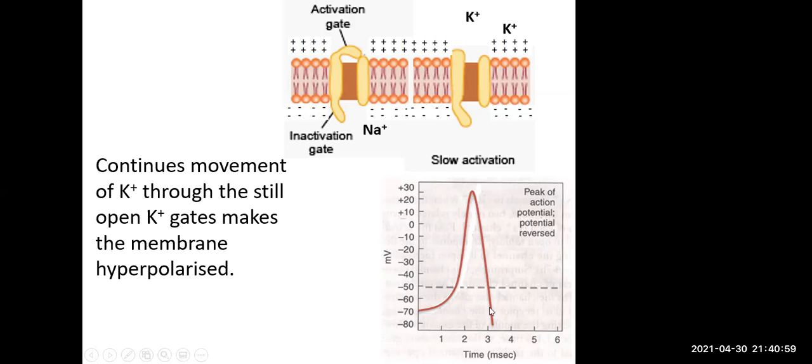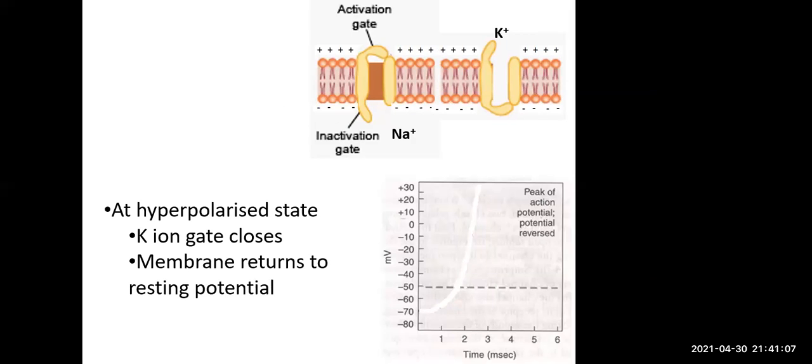The reason for the hyperpolarization is the continuous opening of the potassium gate, so more potassium efflux will be there. Once it reaches the hyperpolarized state, the potassium channel will come back to the resting state. Once it comes back to the resting state, the membrane potential slowly will reach the resting state.